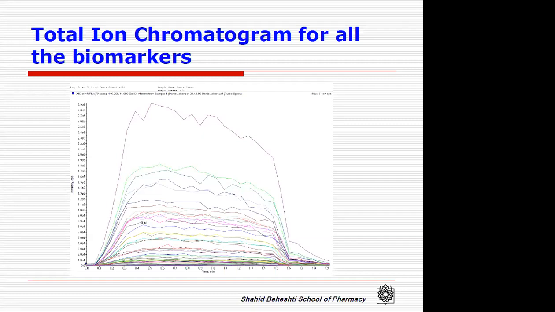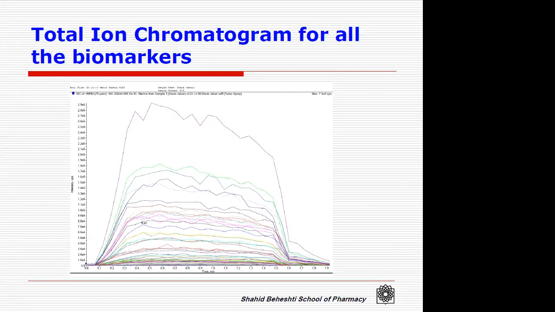The difference between them is that we know how much labeled methionine we added at the beginning. And that goes for all the biomarkers. We have 13 acylcarnitines and 13 amino acids, for each of which we have the labeled compound.